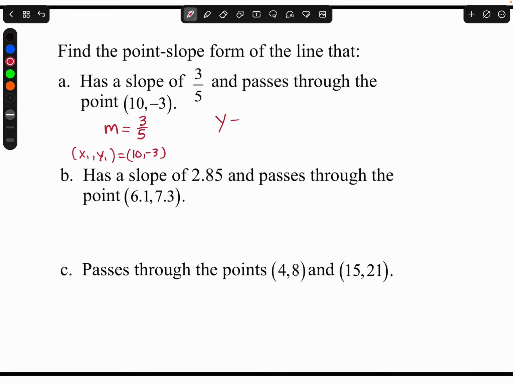To write our equation in point slope form, we would say y minus our y coordinate, so minus negative 3. Instead of writing minus negative 3, let's turn that into plus 3. Is equal to 3/5 times the quantity of x minus 10. That is our point slope form.